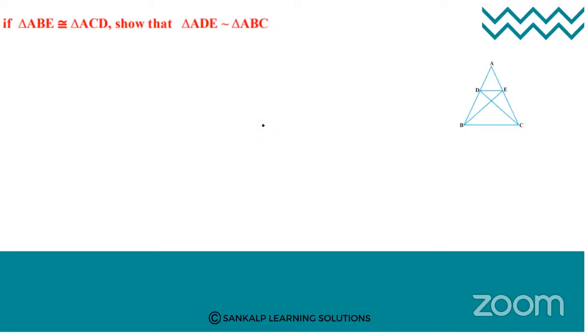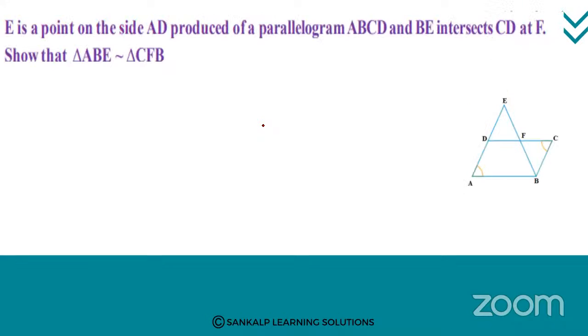Triangle ABE is congruent to triangle ACD. Show that AD is similar to triangle ABC. Yes.